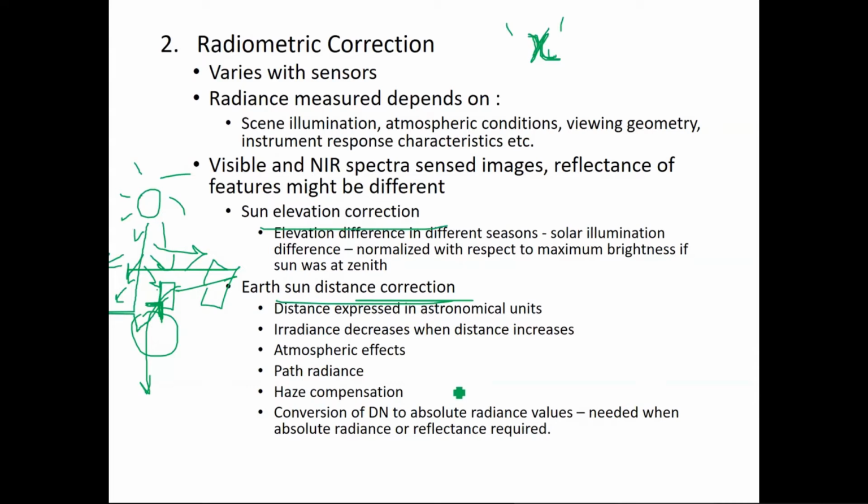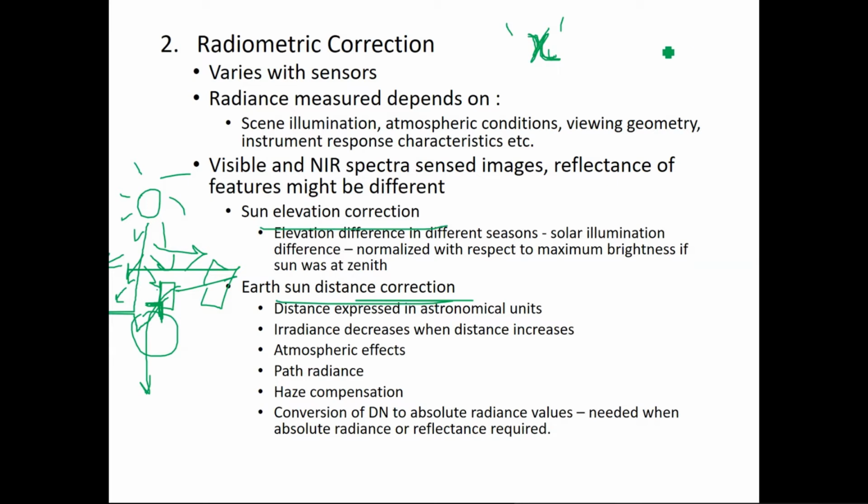Depending upon the elevation difference in different seasons, the radiance is normalized against the maximum brightness when the sun was at its zenith. That is sun elevation correction.